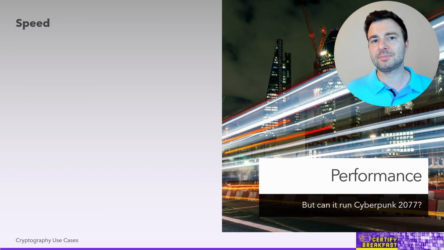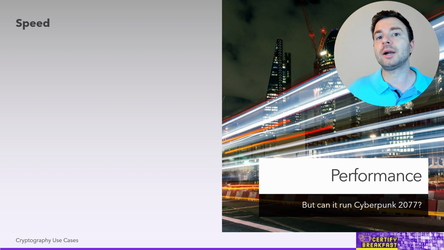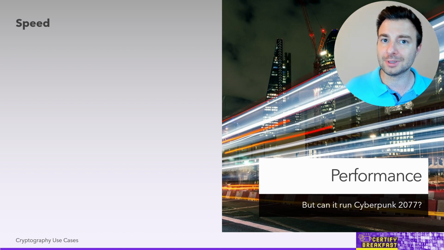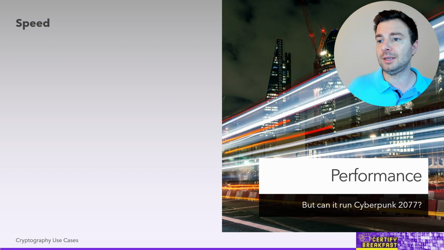Now, when talking about cryptography, performance is also an important topic, simply because it requires additional effort. And sometimes we don't have the necessary resources to perform that additional effort. You might be trying to perform cryptographic functions on a smartwatch, on a mobile device, on a smart doorbell, on an IP camera, for example.